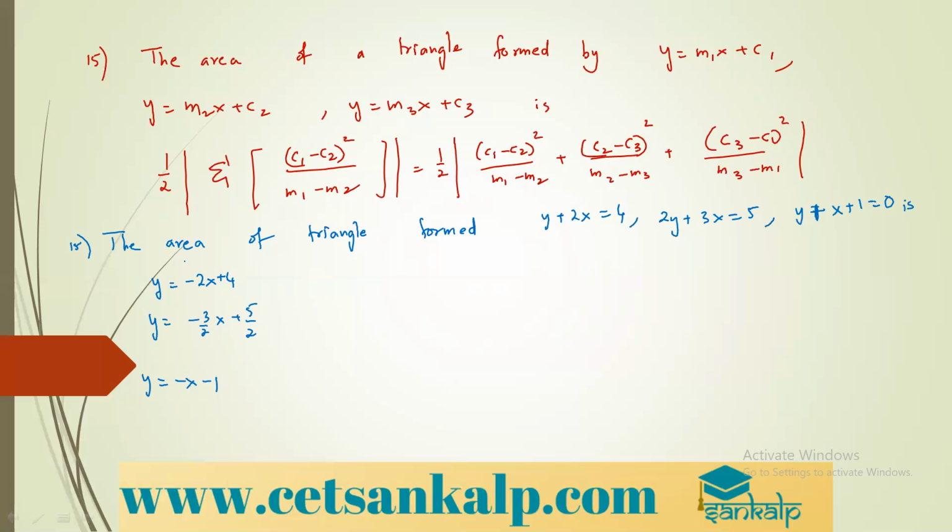So from this, M1 is minus 2, C1 is 4. M2 is minus 3 by 2, C2 is 5 by 2. M3 is minus 1, C3 is minus 1.